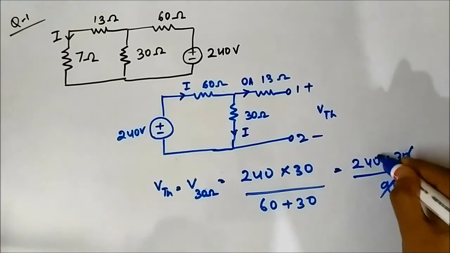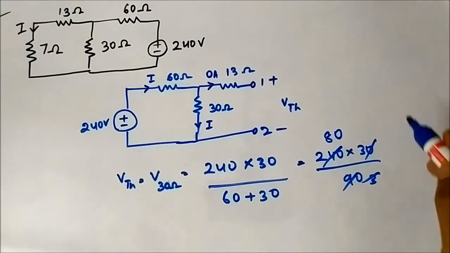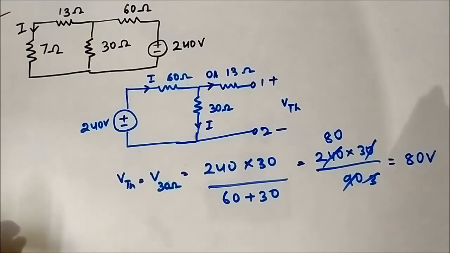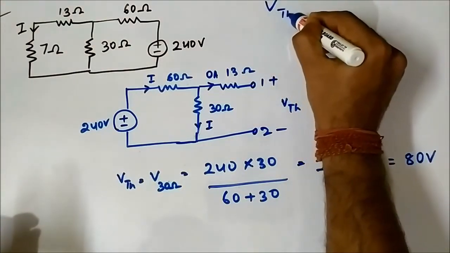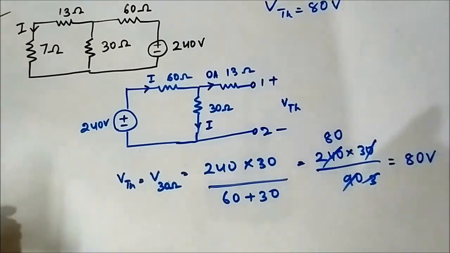This is 3, this is 80. So VTH is equal to 80 volt. We have calculated VTH. Let us write it down here. VTH is equal to 80 volt.